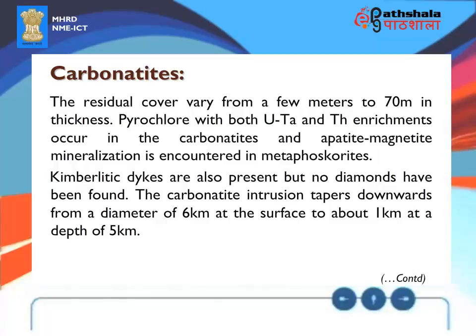Pyrochlore with uranium, tantalum and thorium enrichments occurs in the carbonatites, while apatite-magnetite mineralization is encountered in metaphosphorites. Kimberlitic dikes are also present but no diamonds have been found. The carbonatite intrusion tapers downwards from a diameter of 6 km at the surface to about 1 km at a depth of 5 km.